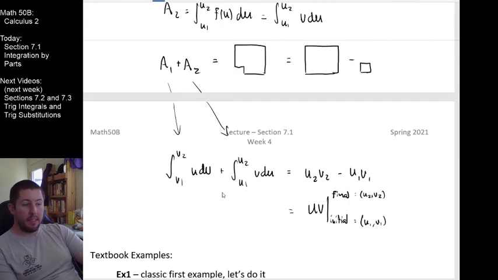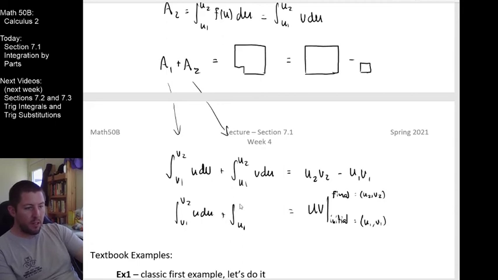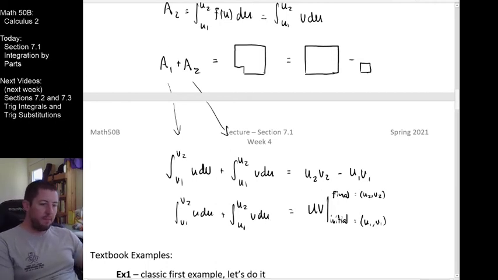And basically then, this is saying now we can go ahead and I'm just going to solve for one of the two integrals, and we're going to be sitting on our integration by parts formula.